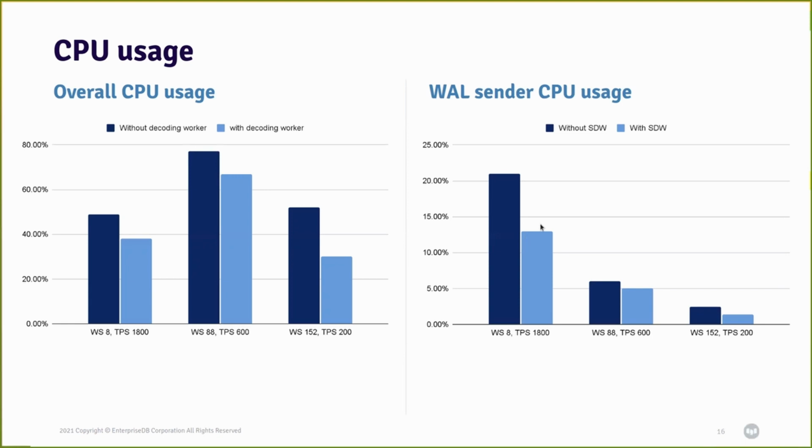And the CPU that was saved in each of the WAL senders compensated for the CPU that was used by WAL decoder, with a net reduction in CPU usage. In this slide, SDW really means separate decoding worker, which is the internal name that we are using for this technology.